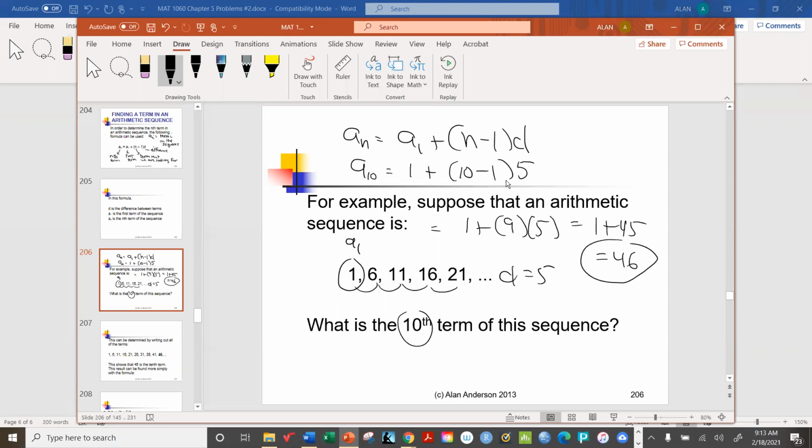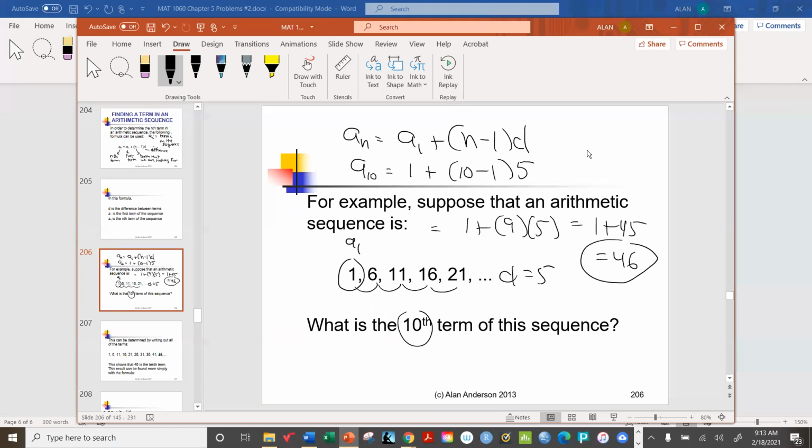Now, in the next slide, I've written them all out just to prove it. And you can do that too if you want to, as long as it's not ridiculously high, like 500. But on the test and on these problem sets, I don't have any like that. They're all fairly low, like look for the 8th term or the 9th term or the 12th term or something like that. So in that case, you can always feel free to double check your work because it won't take that long.